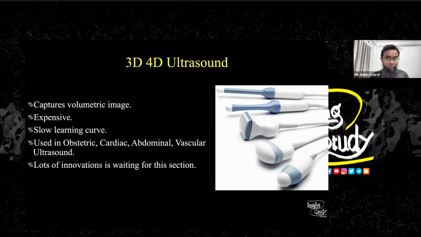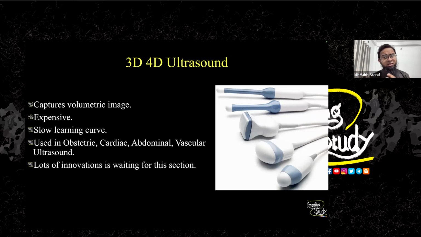But not the 4D one. So all the manufacturers should do that also, anyway, so that will reduce the cost. So 3D and 4D ultrasound use transducers for capturing volumetric images. This is a still image for the 3D.